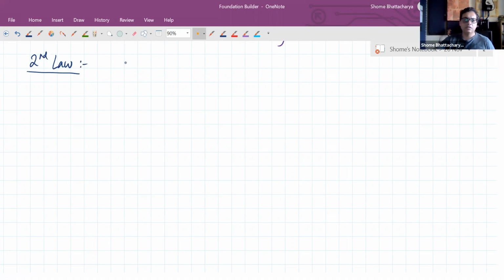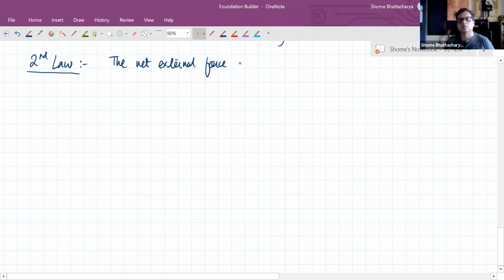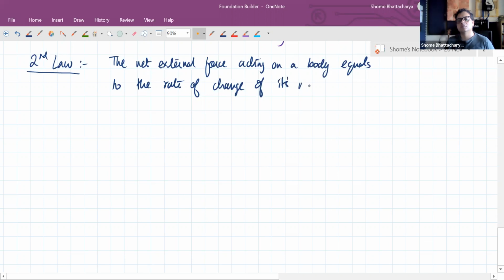In general, the second law is defined in this way, which I'm writing now. The net external force acting on a body equals the rate of change of its momentum. Okay.